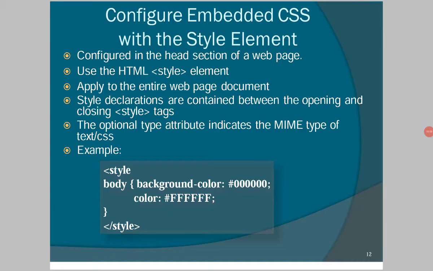Configure embedded CSS with the style element. So how do we configure style sheets? Generally, to configure more lines of code with style sheets or CSS elements, we use the style element. It is configured in the head section of a web page.